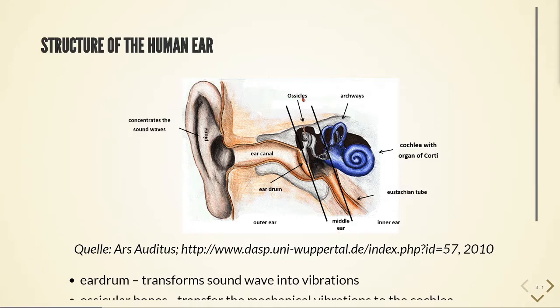The middle ear goes from the eardrum until the oval window in the inner ear. The main purpose of the middle ear is to transfer the vibration of the eardrum into waves in the fluid and membranes of the inner ear.